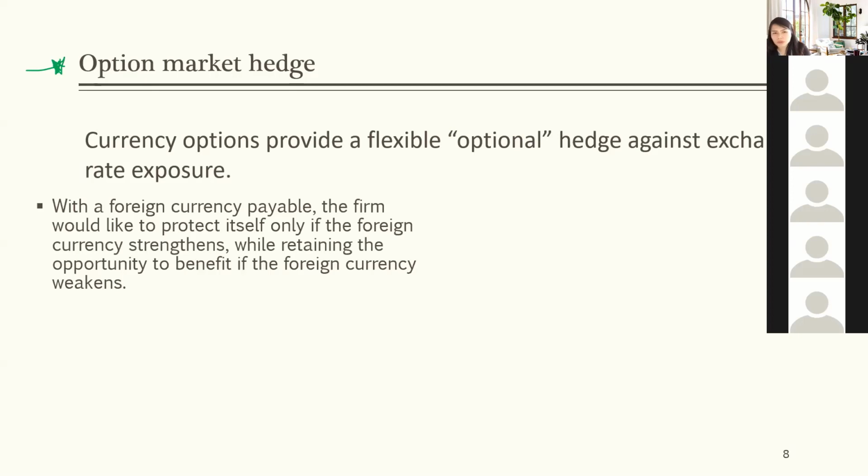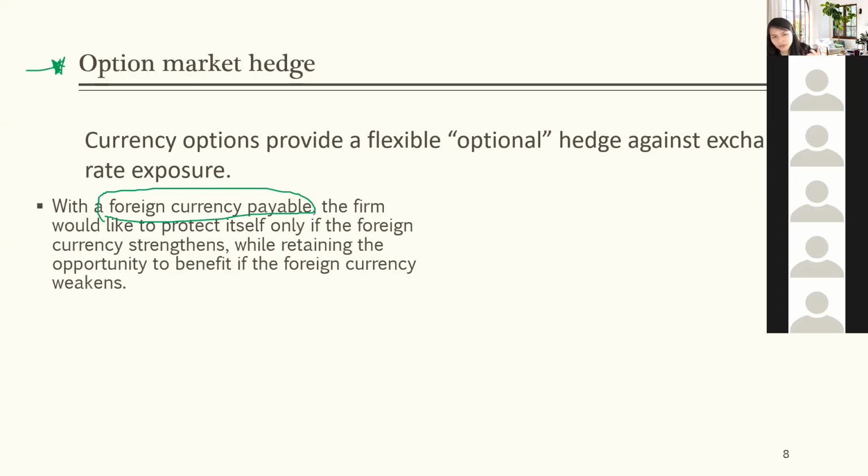For example, if I have a foreign currency payable, I expect to pay my trade partner in a foreign currency in the future. The worst case scenario for me is for the foreign currency to appreciate.